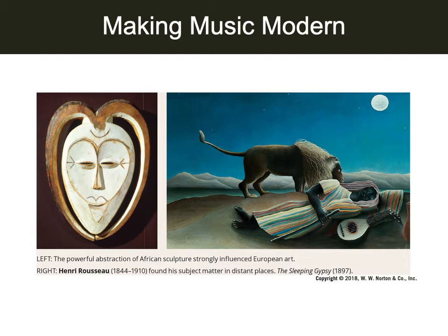So on the left, abstract art, an abstraction of African sculpture, strongly influenced European art. And on the right, from Henri Rousseau, 1844 to 1910, he found his subject matter in distant places. And this one is called The Sleeping Gypsy, and it was painted in 1897.